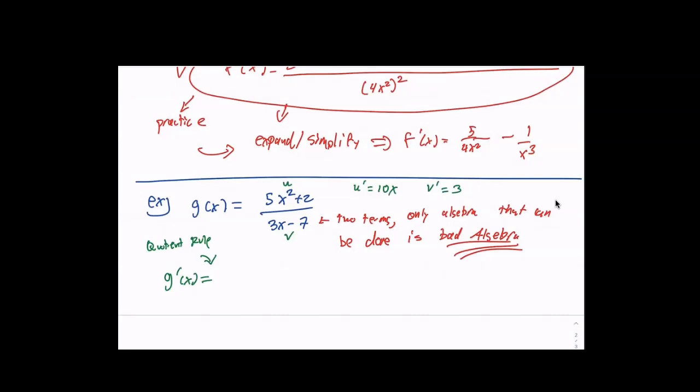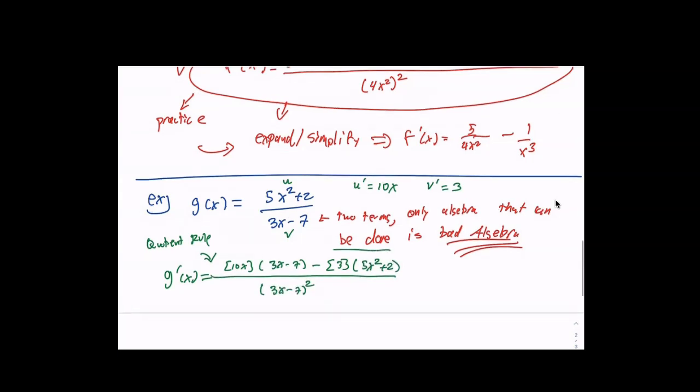You want the u prime v minus v prime u all over v squared? Yes, but with this problem. Oh, okay. 10x times 3x minus 7, minus, and then you do 3 times 5x squared plus 2, divided by 3x minus 7, squared. Perfect. Are you going to see this on the multiple choice problem?